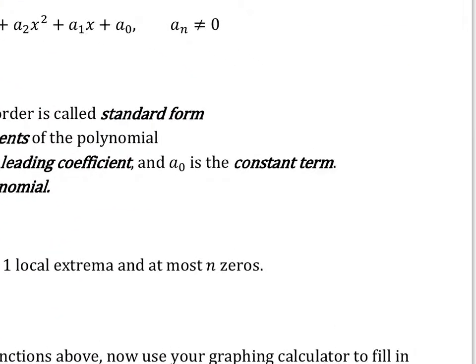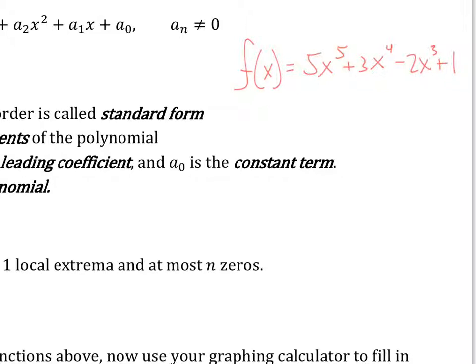We can say we have f of x equals 5x to the 5th plus 3x to the 4th minus 2x to the 3rd plus 1. Notice I skipped a few terms because this expression is missing some terms. We're missing a second degree term, an x squared, and an x to the first.